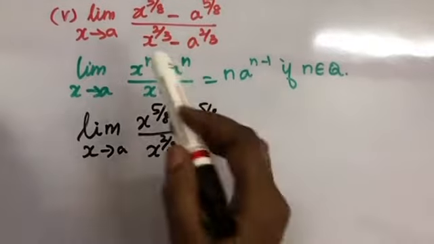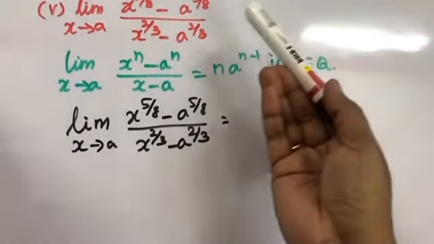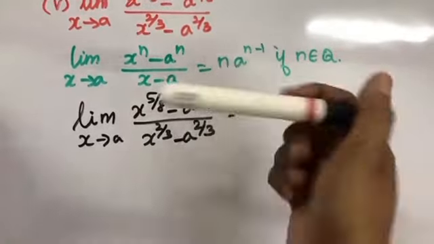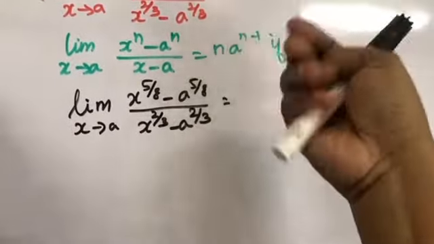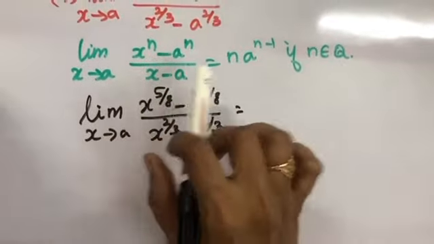So, I want to transform this function using the standard limit form.